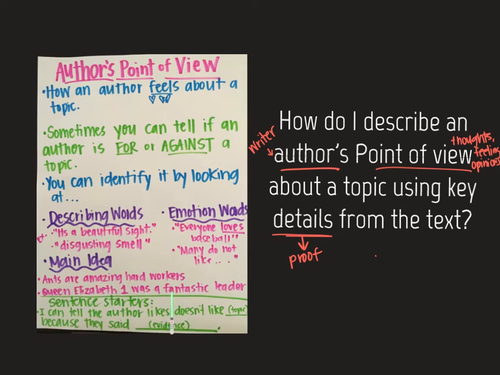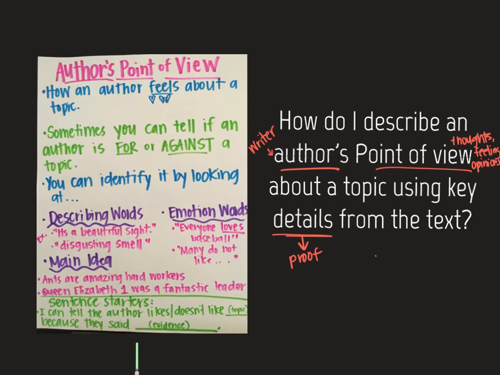Well, they also believe that ants are amazing and hard workers. Okay? If the text's main idea was that Queen Elizabeth I was a fantastic leader, well, we know that their point of view was that they think that Queen Elizabeth was a great leader. And how do we know that? Well, that's where we would go back and we would find the details or the proof, okay, the text evidence.